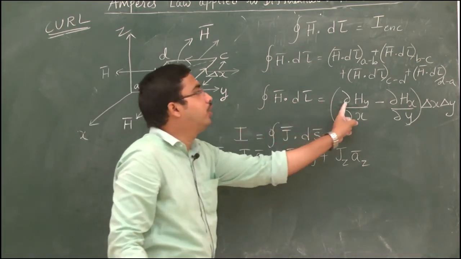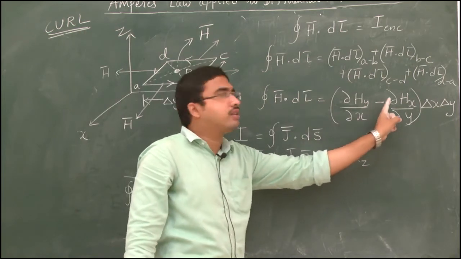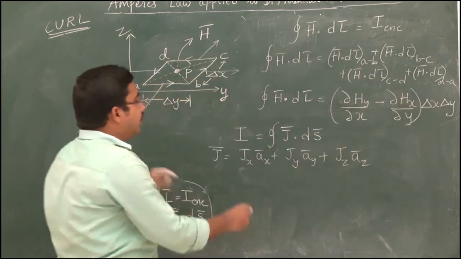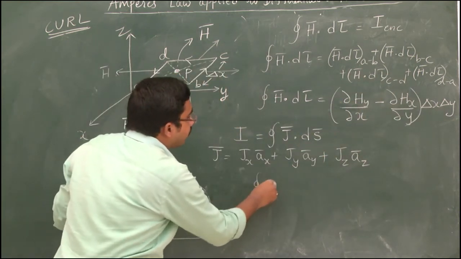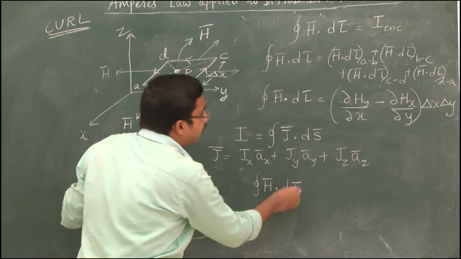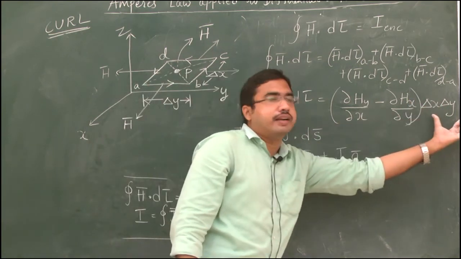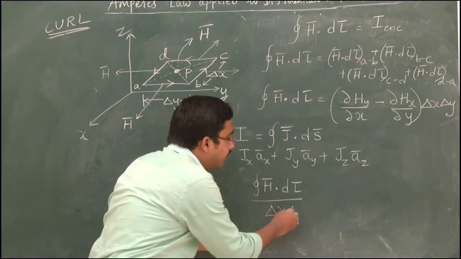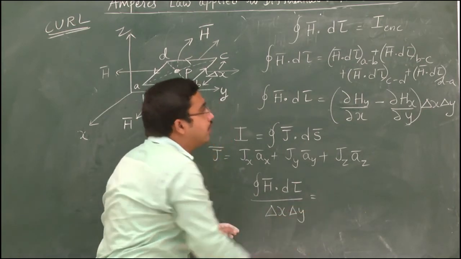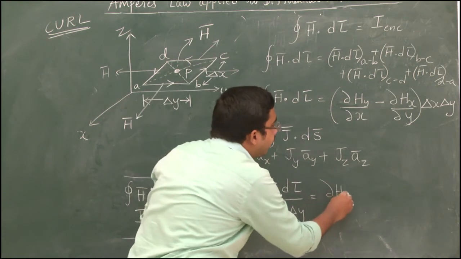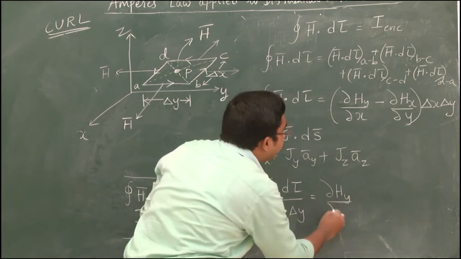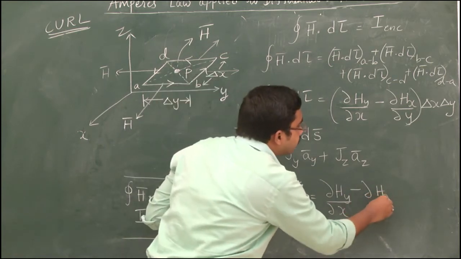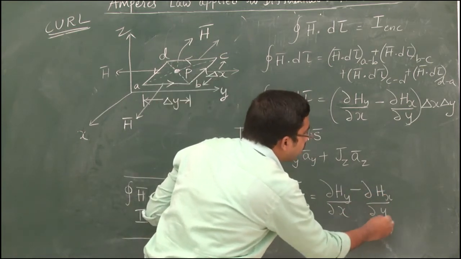Now, what is the expression for integral H bar dot dl bar? That is equal to dou Hy by dou x minus dou Hx by dou y, into delta x into delta y. That is also written as closed integral of H bar dot dl bar, if I send delta x delta y to this side, divided by delta x delta y, equal to dou Hy by dou x minus dou Hx by dou y.